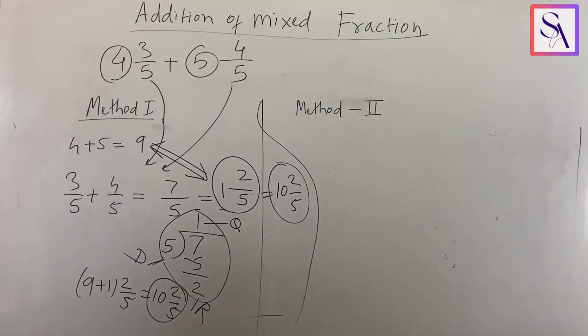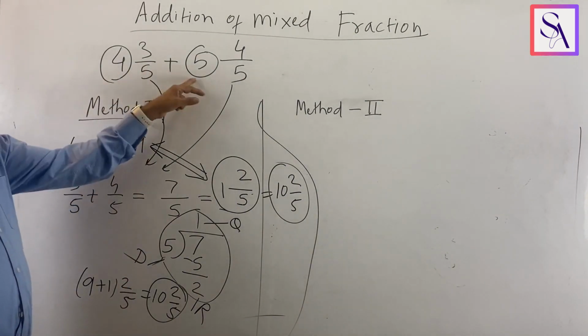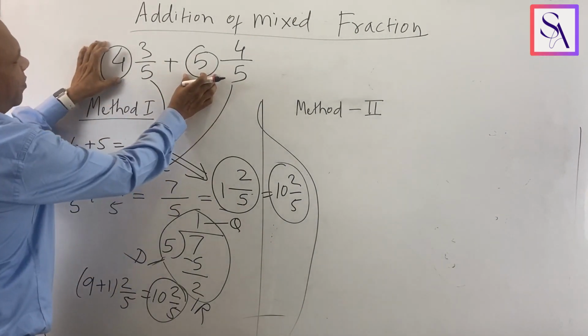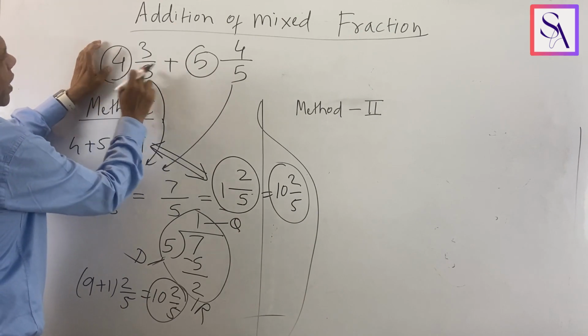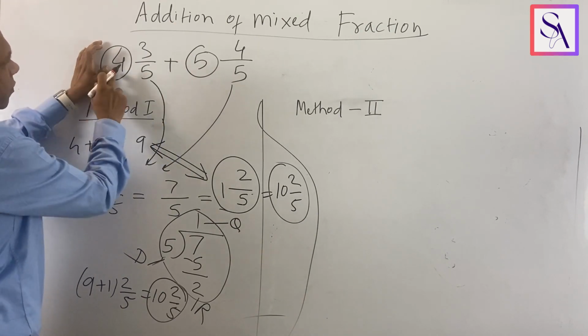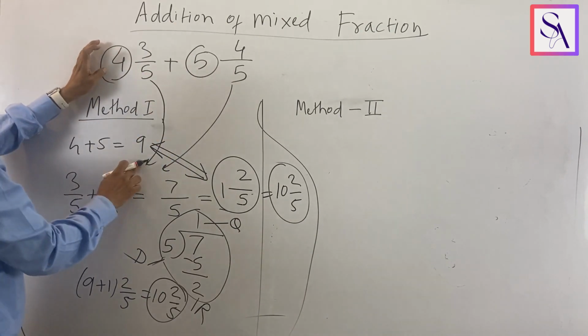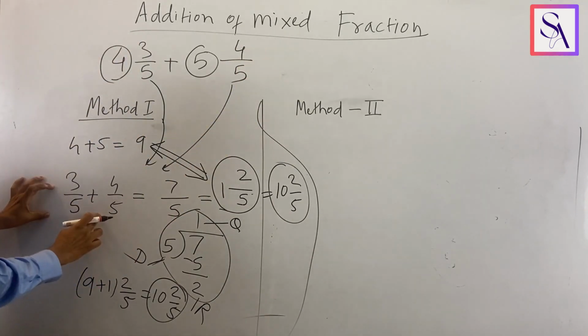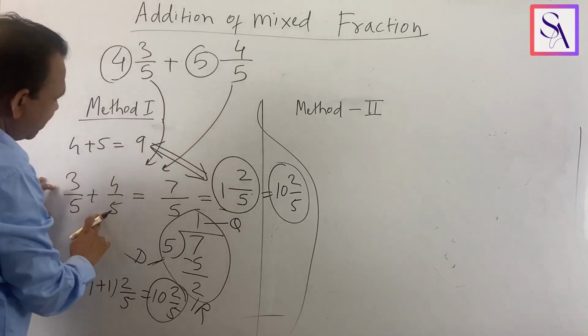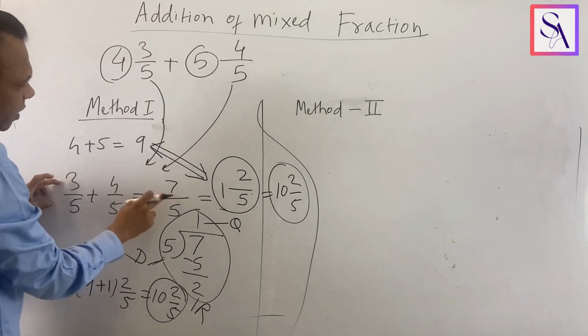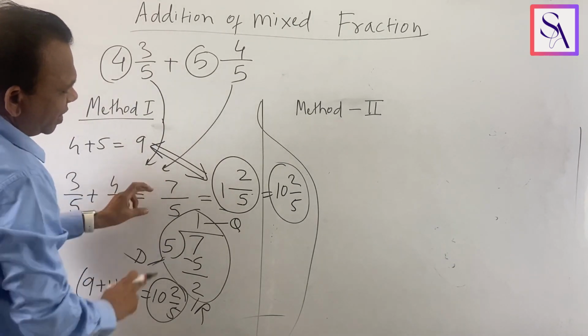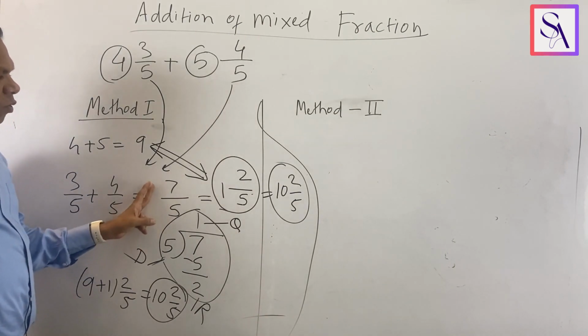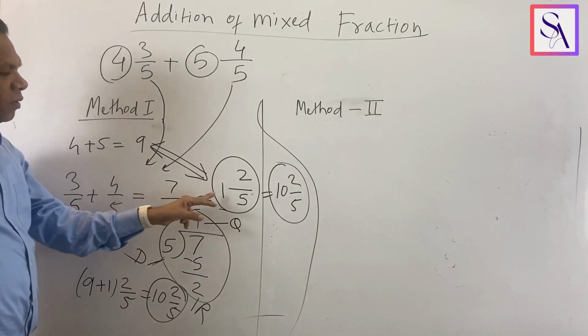So what have I done? I just added the whole numbers in the mixed fractions, 4 plus 5 is 9. Then I added the fractions 3 by 5 and 4 by 5. We know how to add fractions, 3 plus 4, 7 by 5. Then this came as an improper fraction, so I converted that into a mixed fraction.